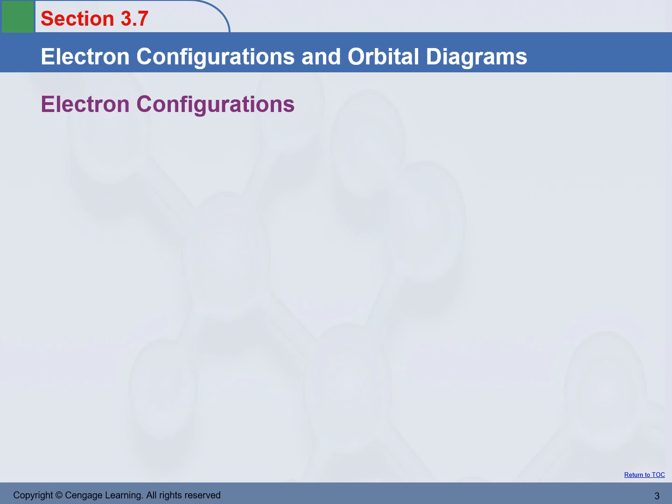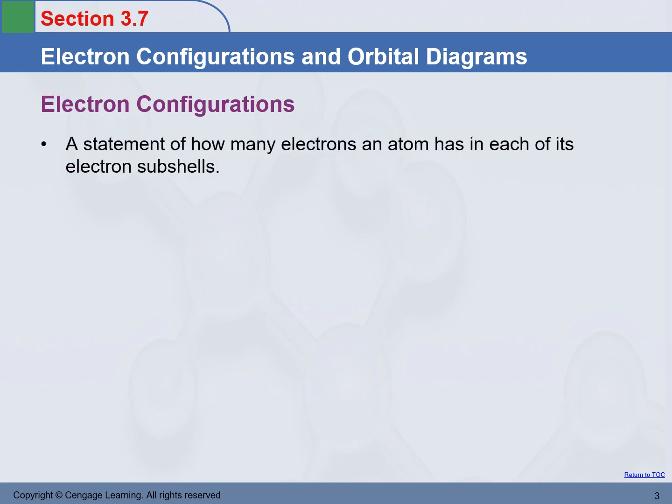Now let's talk about electron configurations. Electron configuration is a statement of how many electrons an atom has in each of its electron subshells. Oh, that sounds exactly like what we just did. It shows us how many electrons an atom has in each of its electron subshells. Electron configurations are not written out in words. Then how are they written out?